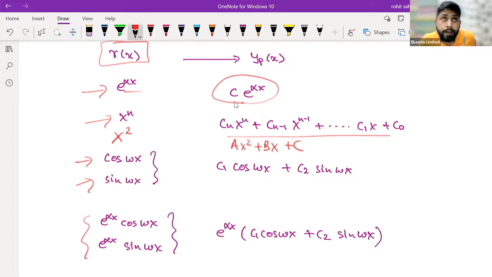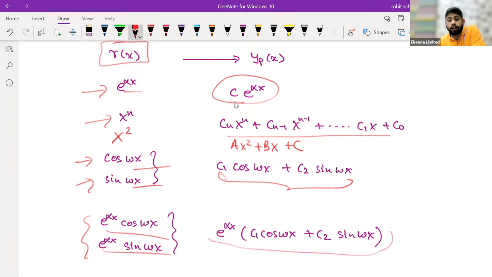If it is, let's say, x cube, you'll have to consider x cube, x square, x, and the constant part. If cos or sin appears in the terms of R of x, either one, you have to take a combination of both, because derivatives can come: the derivative of cos is sin, so if cos is there then sin, and if sin is there then cos. Write both terms together. If it is e to the power of alpha x cos or e to the power of alpha x sin, then write it with a factor of e to the power of alpha x.